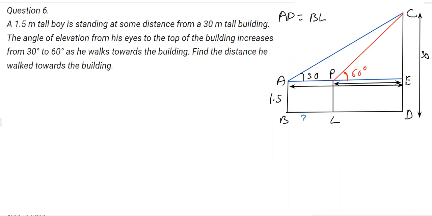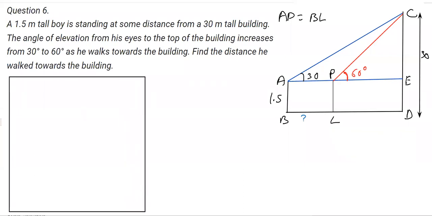So let's start with the first triangle. I'm taking the right triangle ACE. We'll take tan 30, as this gives the relation between perpendicular and base, which is required for the question.